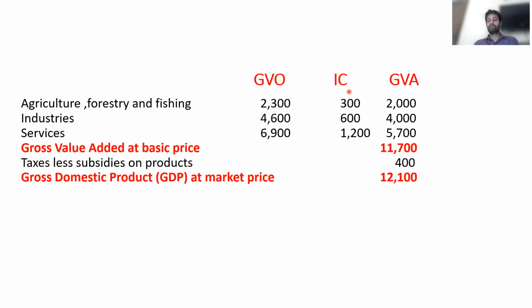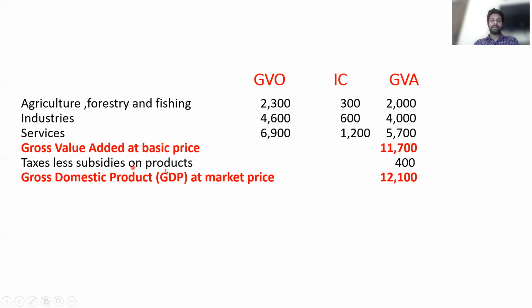Then the gross value addition, 2,000. Industry is 4,600. Intermediate consumption is 600. Then gross value added, GVA, 4,000. Services 6,900, less 1,200, 5,700 is gross value addition.